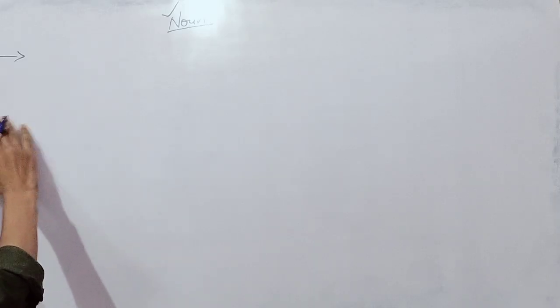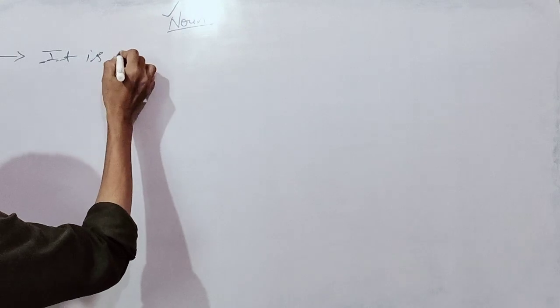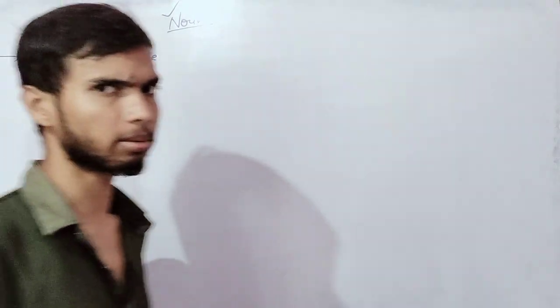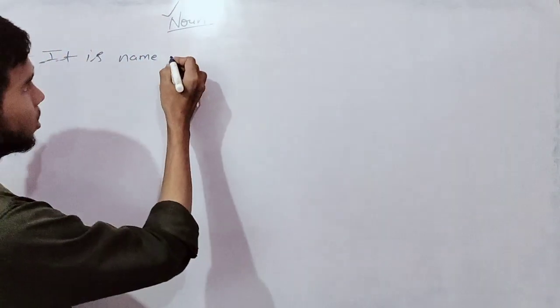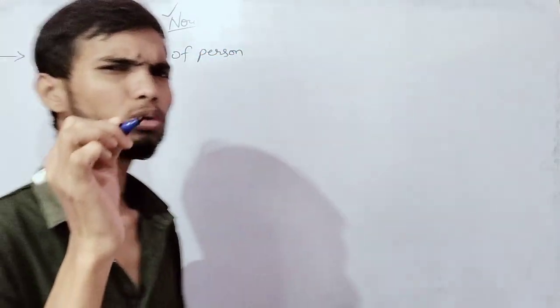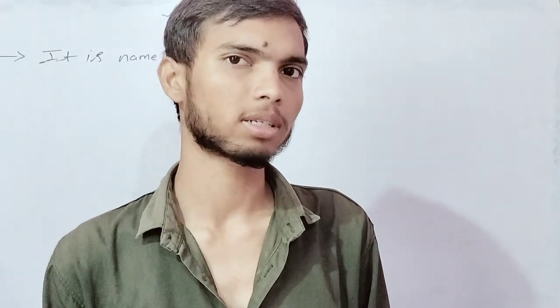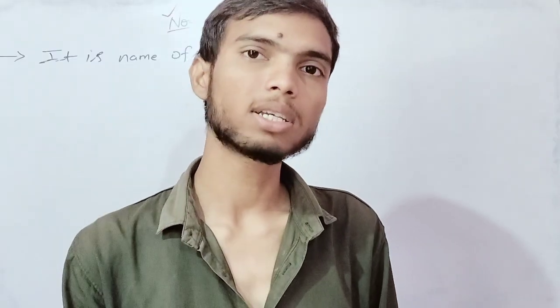Here, as you know, it is just a name. It is a name of a person. I am telling you, it is too much basic, and we should understand it.